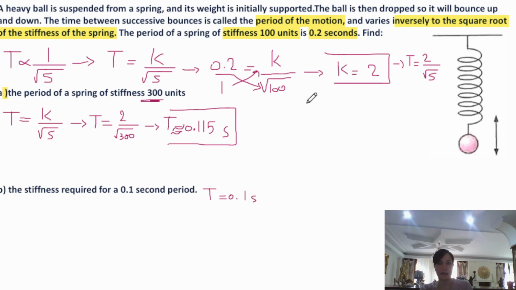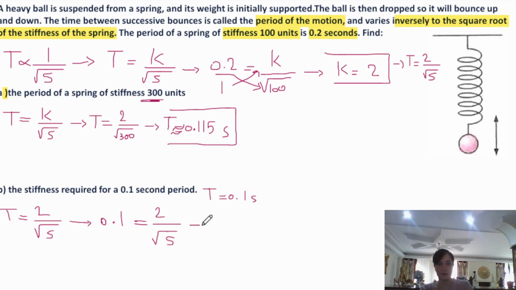I know K is 2, so I write my formula T equals 2 over the square root of S. I substitute T: 0.1 equals 2 over the square root of S.